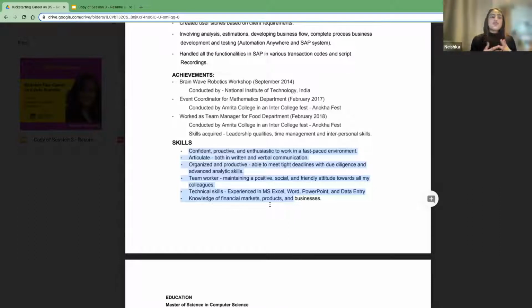It's easier for them to understand, and it's a good skill to highlight in your CV without actually listing that I have good communication skills. You can show it through the way you have written your CV and explained your project, which is a very important skill in any organization.